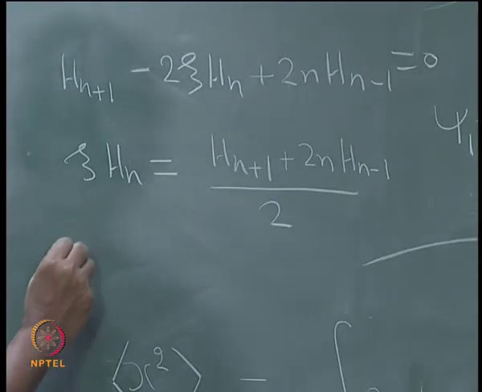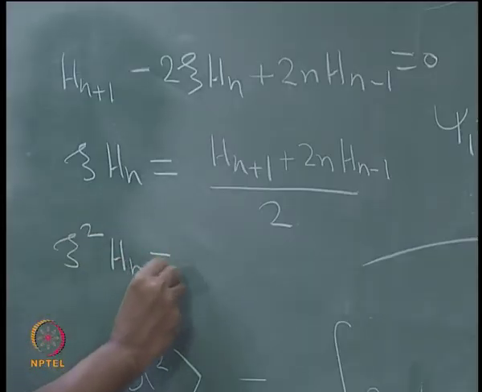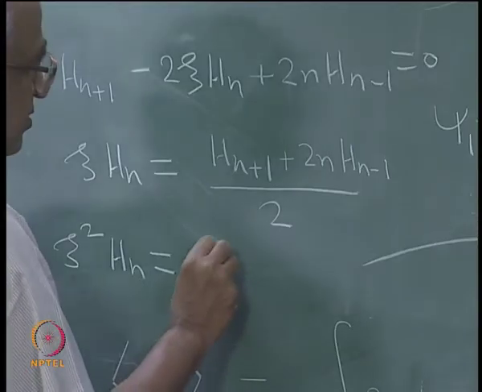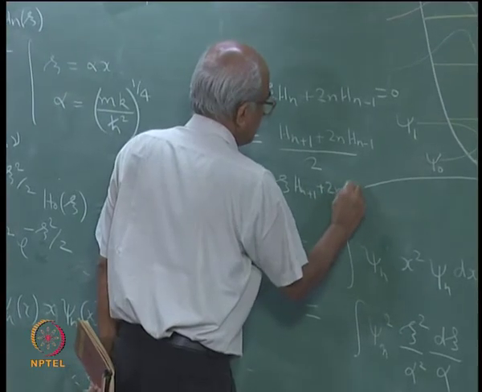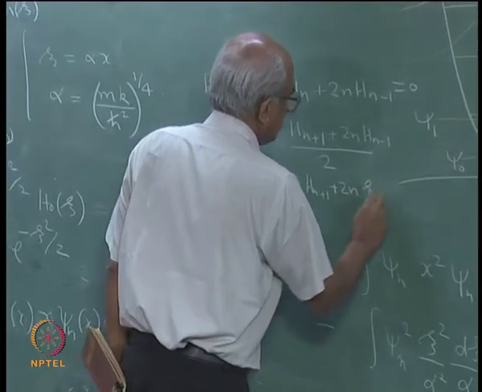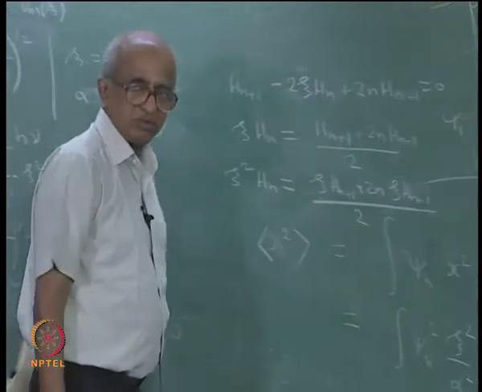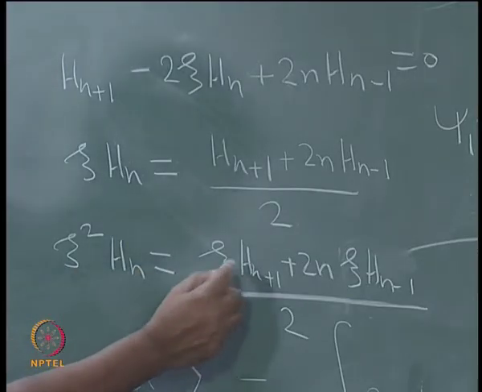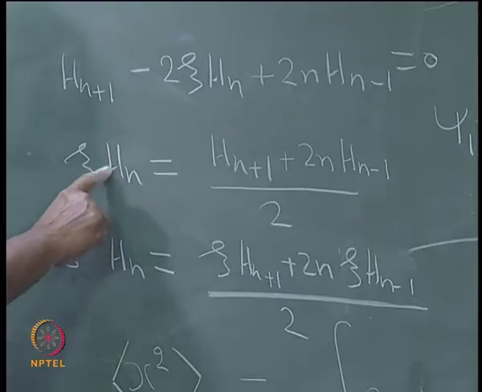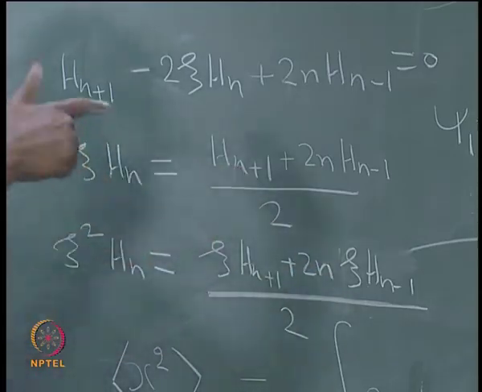and therefore, if you multiply this by c, c square H n will be c H n plus 1 plus 2n c H n minus 1 divided by 2, fine. And then for each one of these, if c into H n plus 1, I can again make use of this identity, and for that also I can make use of the same kind of identity.